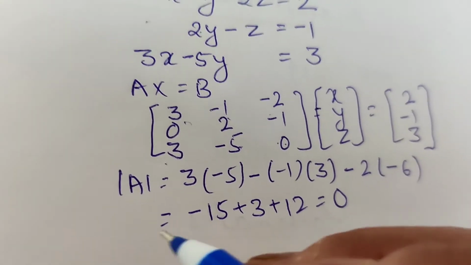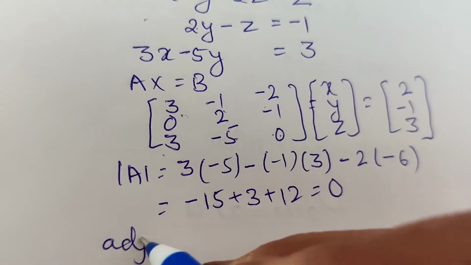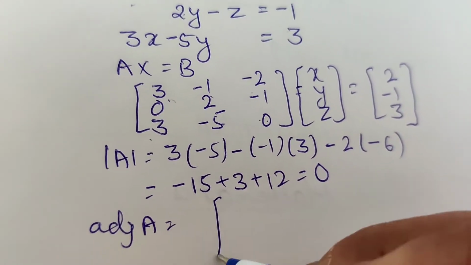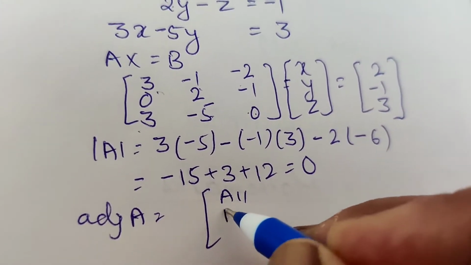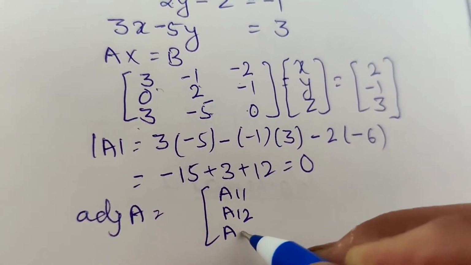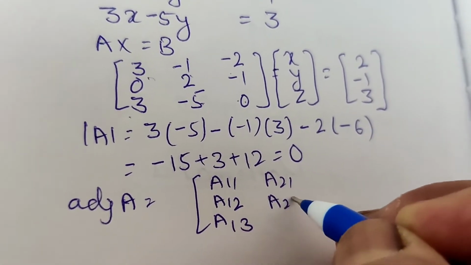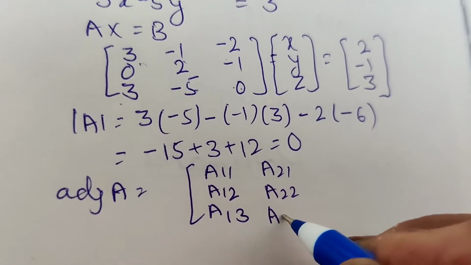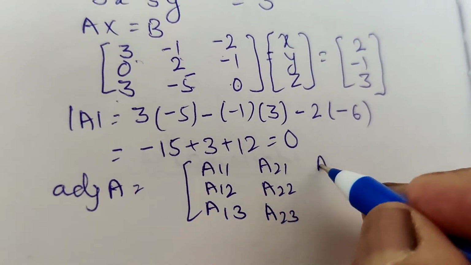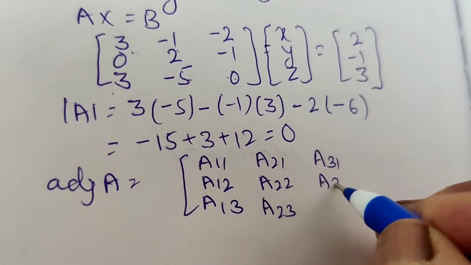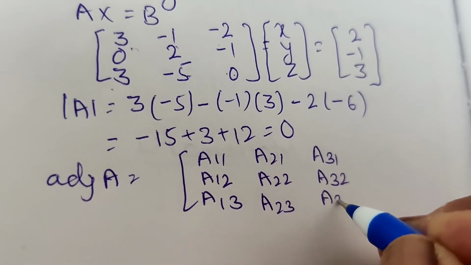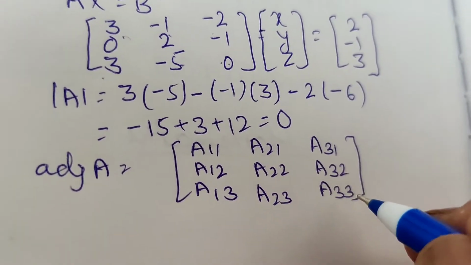Okay. So now find the adjoint of A. Adjoint of A means we know the cofactors A11, A12, A13, A21, A22, A23, similarly A31, A32, A33. Already you know that.